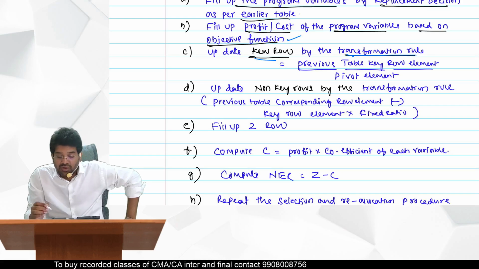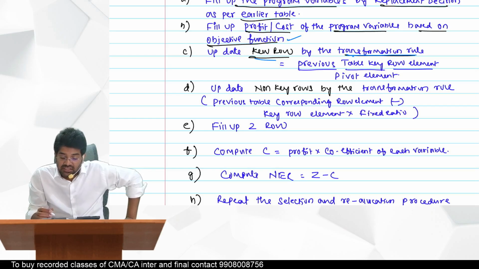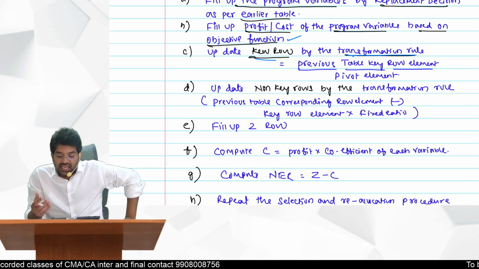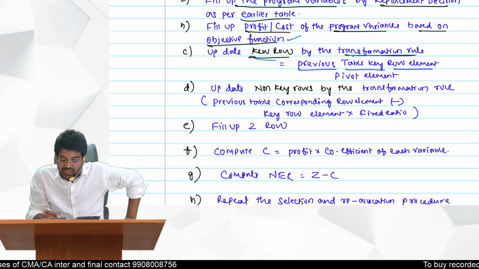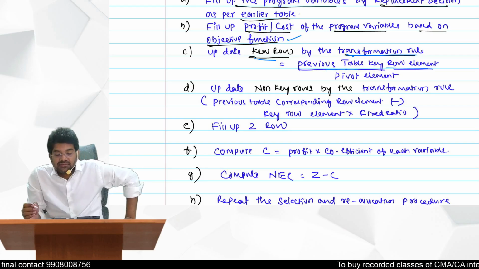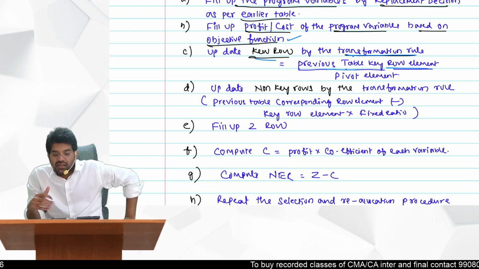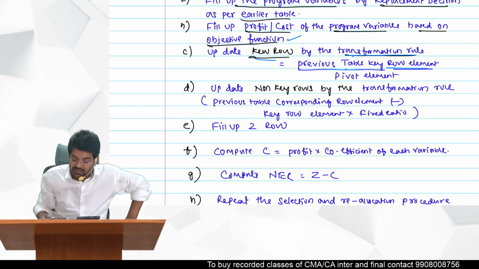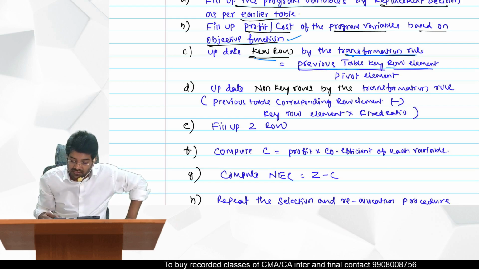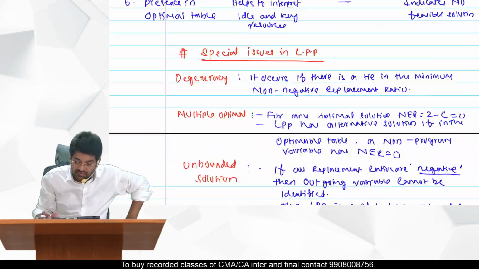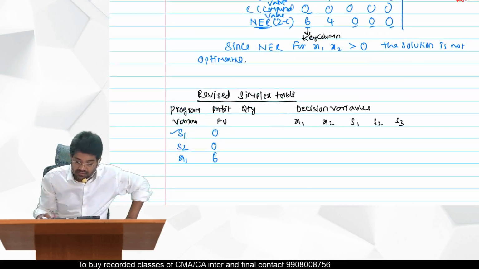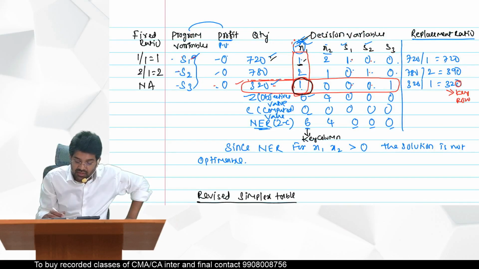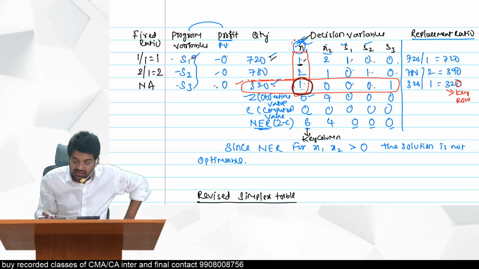Key row, how we should present it now: every element will undergo a change. What we have to do is previous table key row element divided by pivot element. Previous table, first table key row element divided by pivot element. If you do, then you will get key row values. So what is the key row element here? 320 divided by pivot element. What is the pivot element? 1.